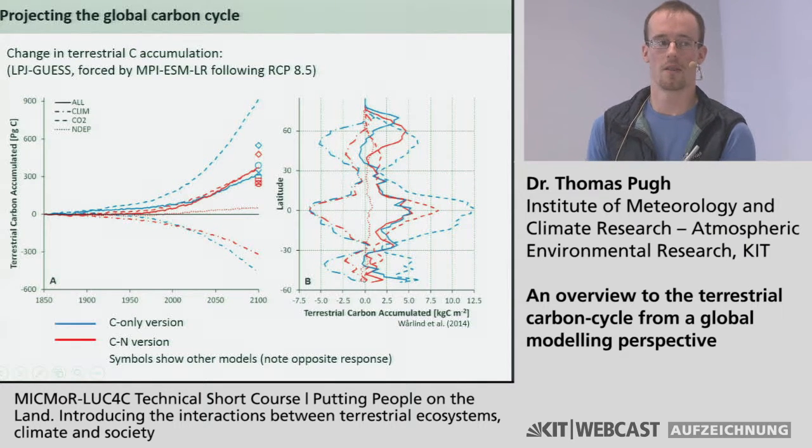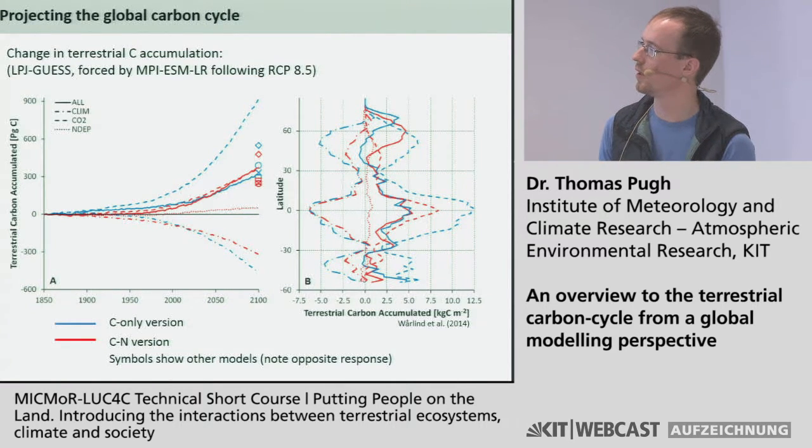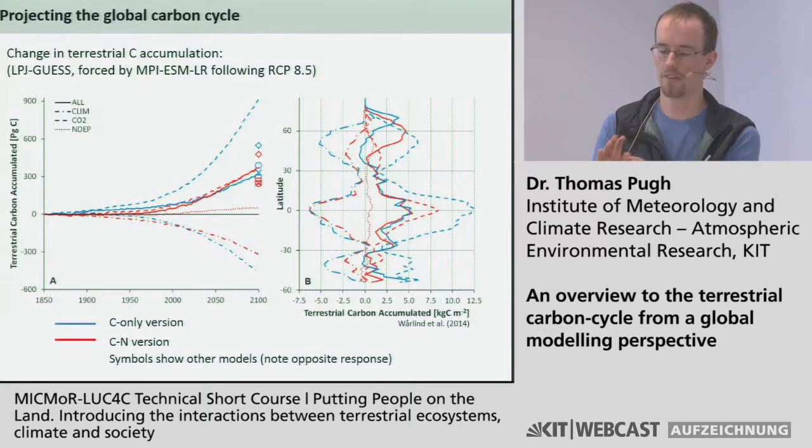This is basically an outcome of the Farquhar model, which shows that if you have higher temperature, then the CO2 fertilization effect is more effective. So in process terms, this makes sense. Unfortunately, we don't yet have the measurements to see if this is really happening in reality, although they're in the process of being made at the moment.